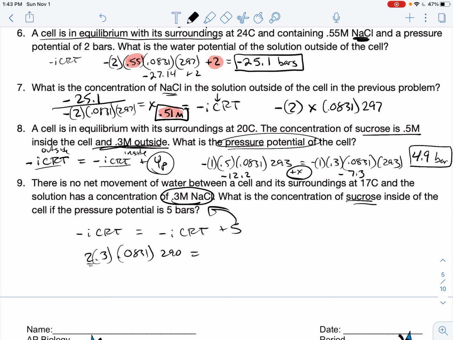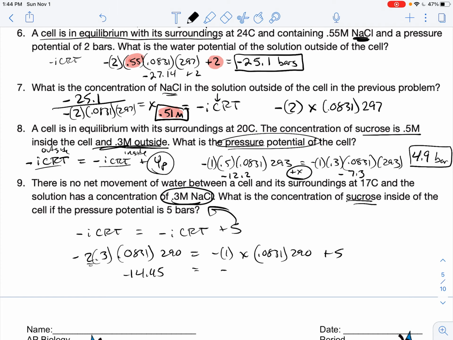I did 2 because it's salt. Inside the cell is only sugars, so it's just 1. This is what we don't know, 0.0831, and our temperature of 290. And then it's going to be plus 5. This comes out to be 14.45. Forgot the negative.